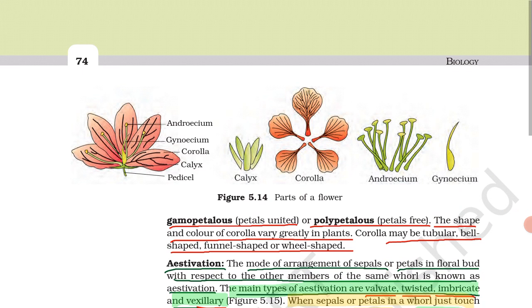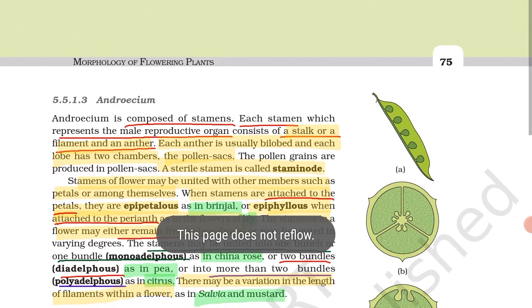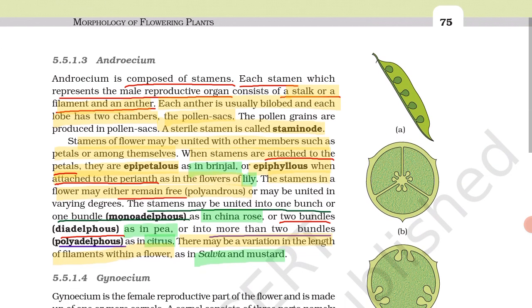See the androecium diagram. In that you can see the filament, stalk and anther. So when the stamens are free, it is called polyandrous.